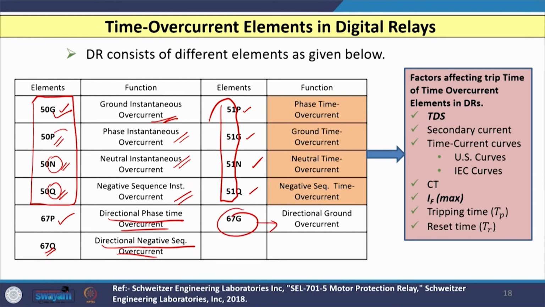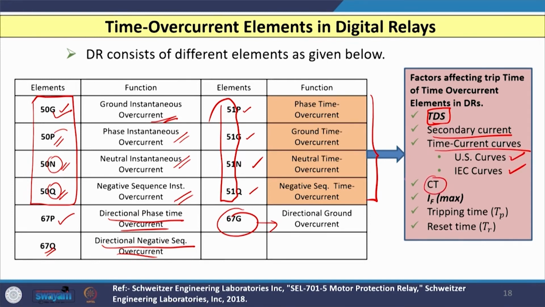Whenever we select time delayed operation for these 4 groups, then the tripping time given by these 4 elements, which are time delayed in nature, depends on many factors. Let us say it depends on the time dial setting that you are going to set here, it also depends on secondary current, it also depends on time current curves, maybe you can go for US curve or IEC curve.